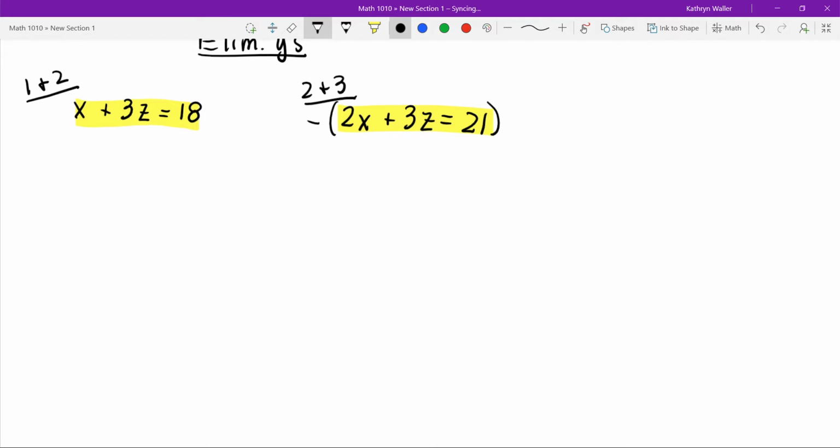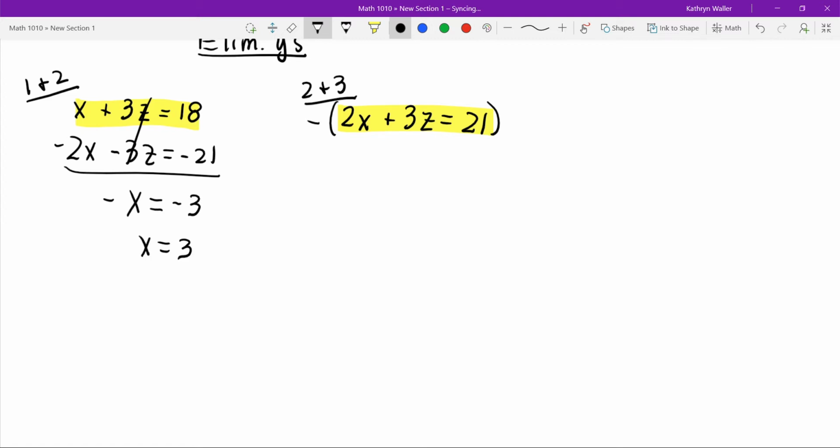Does it matter which one I choose? No. Distribute, and you get negative 2x minus 3z equals negative 21. Add them together, the z's go away. 1x minus 2x is negative x equals 18 minus 21 is negative 3. Change the signs, x equals 3.